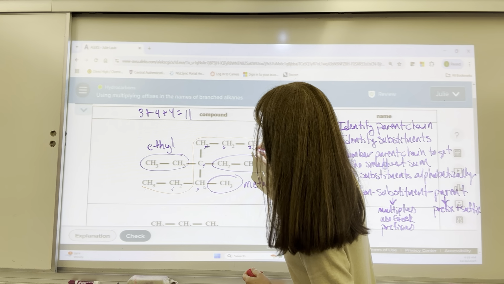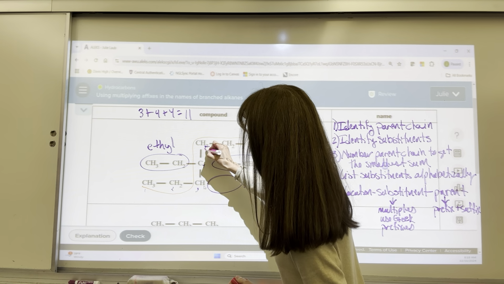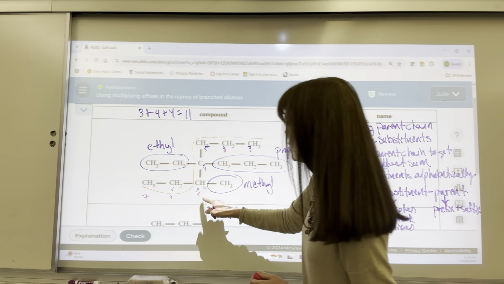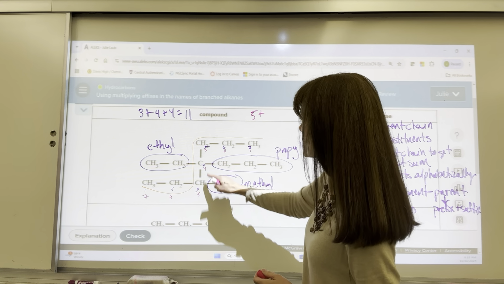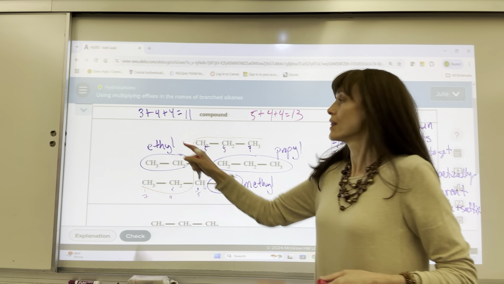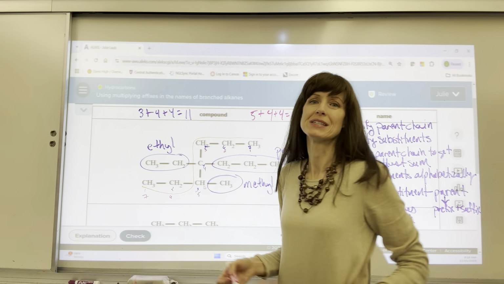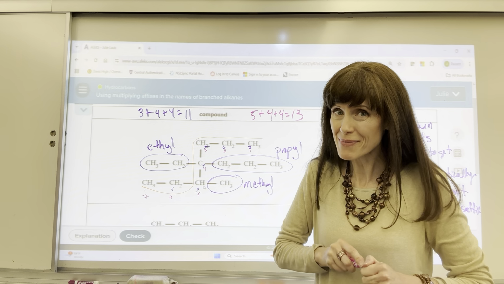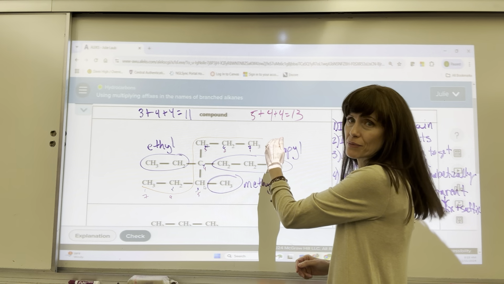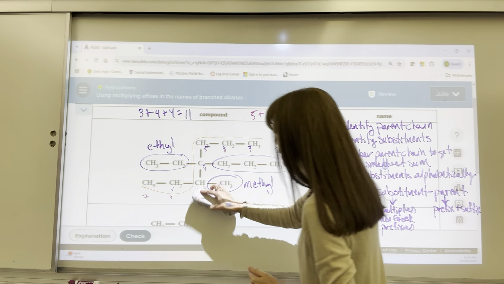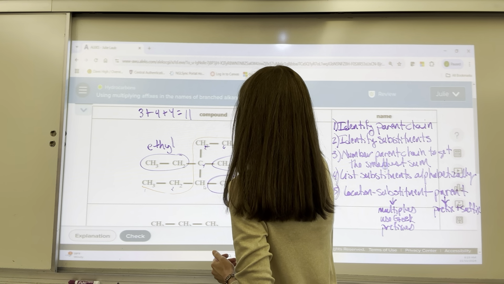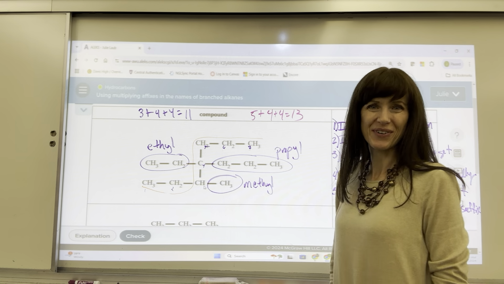So I'm going to have a 1, 2, 3, 4, 5, 6, 7. That's going to give me a 5 plus a 4 plus a 4 is 13. Going from left to right is going to be our smallest sum. So I'm going to number with this purple, left to right. Okay, nice. Let me erase those pink so it's not confusing for us.